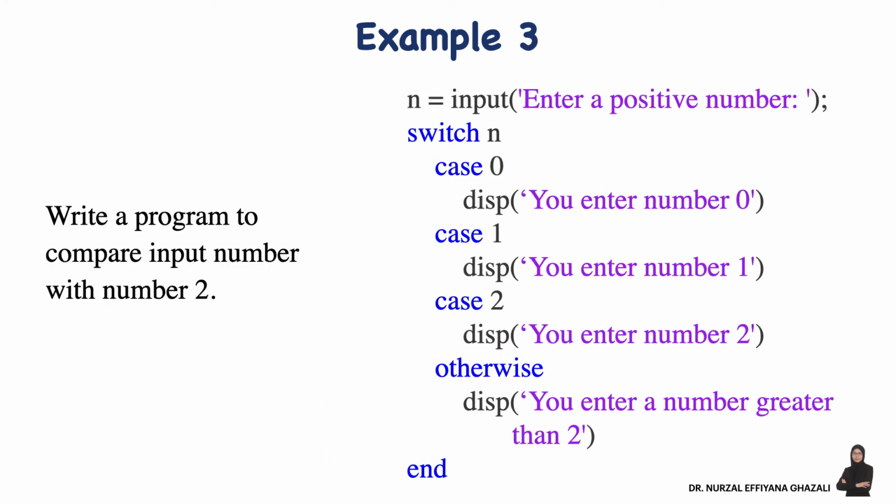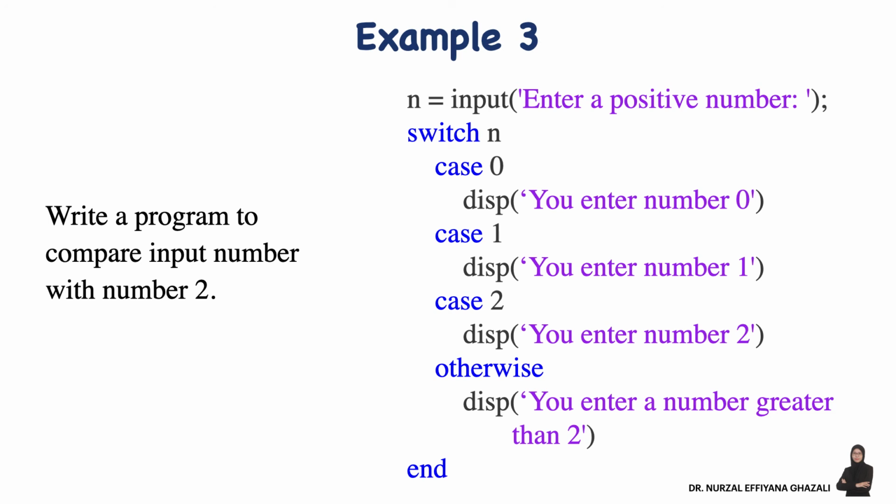And the last example is to show how you can use the switch case statement, which is very straightforward, where you need to have a fixed value. So in this case, I want to compare the input number with the number 2. Here I assume that the users will follow the instruction and put in positive numbers only. So if the user enters 0, then MATLAB will display you enter number 0.